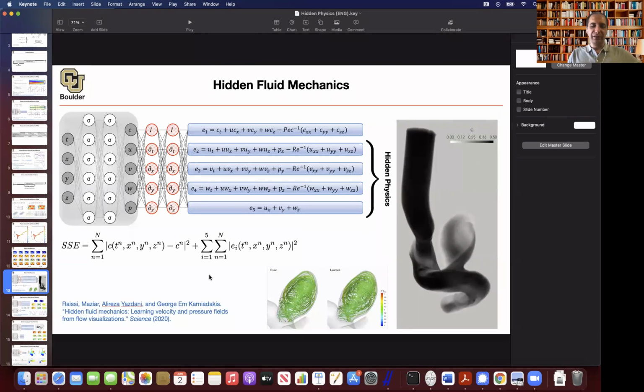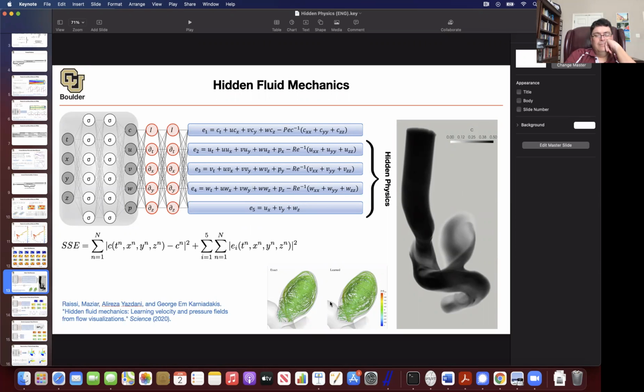To give you an estimate of how much time it takes: when I was running these experiments on a V100 GPU, it would take 48 hours to give me this solution, and that's an inverse problem.